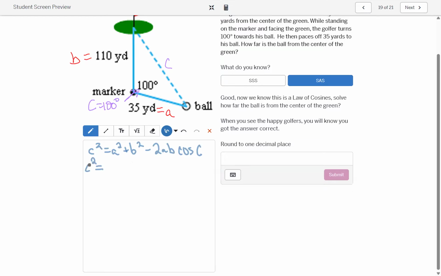So C is our unknown, so we still have the C squared. Now it's 35 squared plus 110 squared minus 2 times 35 times 110 times the cosine of 100.